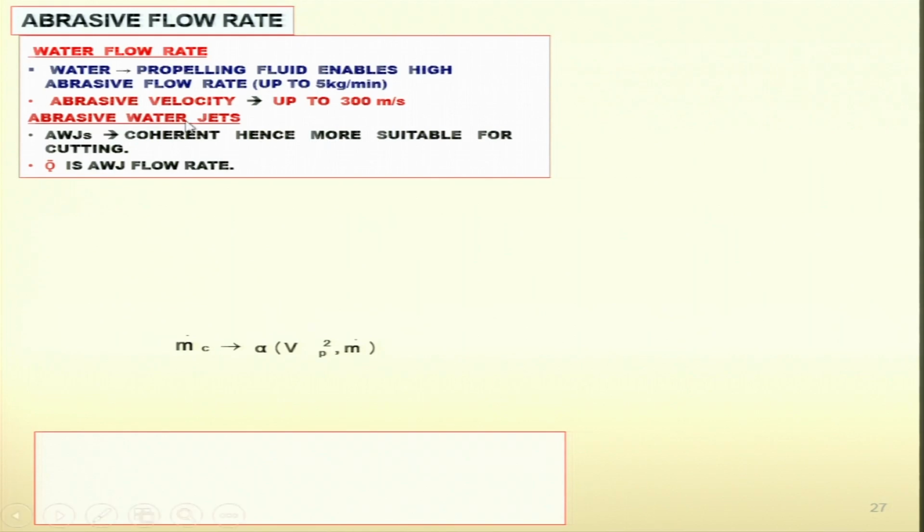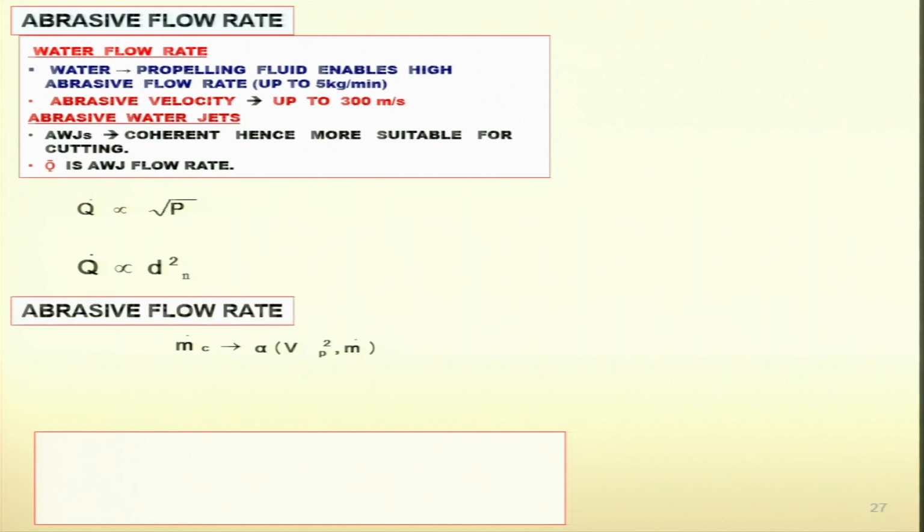Abrasive water jets are coherent, hence more suitable for cutting. Q dot is proportional to under root pressure. Q dot is also directly proportional to diameter of the nozzle. Abrasive flow rate, m dot c, is proportional to Vp square m dot.